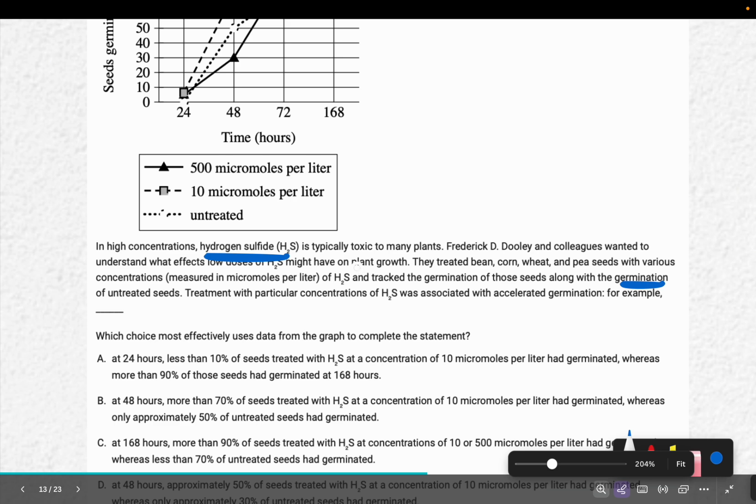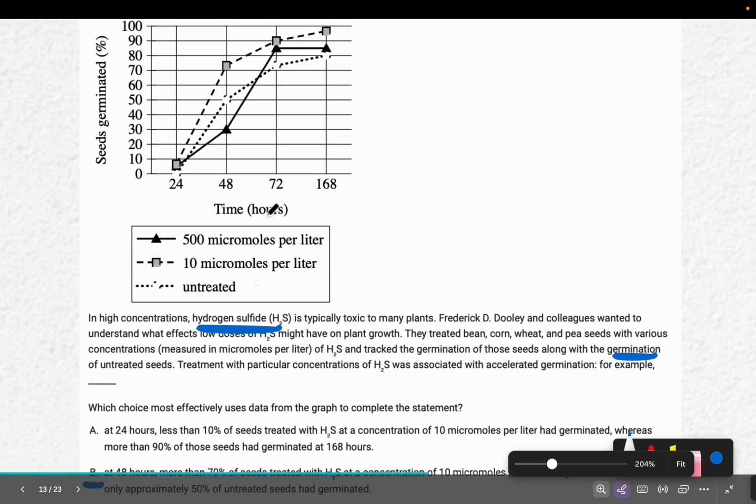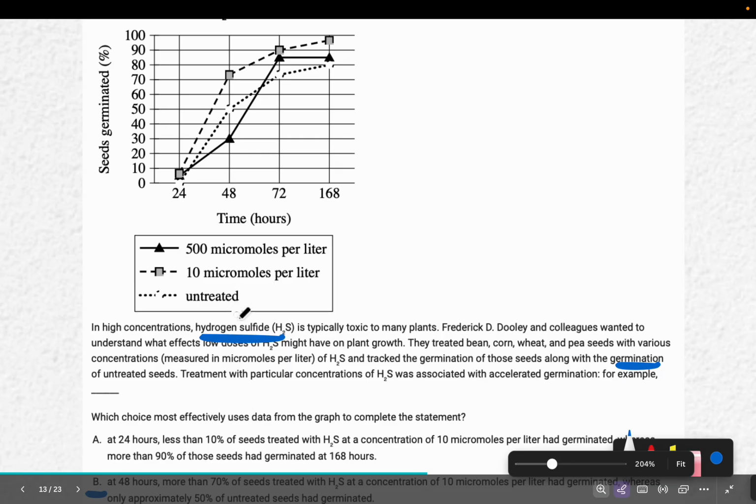So choice B accurately shows the seeds treated with 10 micromoles per liter, as said here, that only option 10 had, tended to germinate faster than untreated seeds.